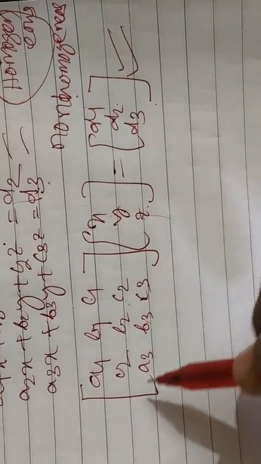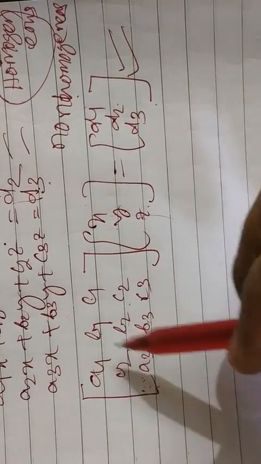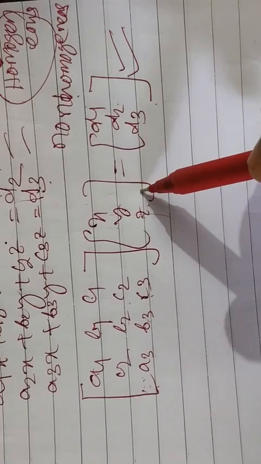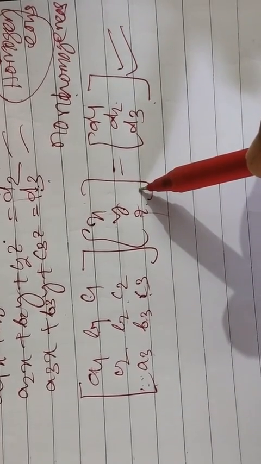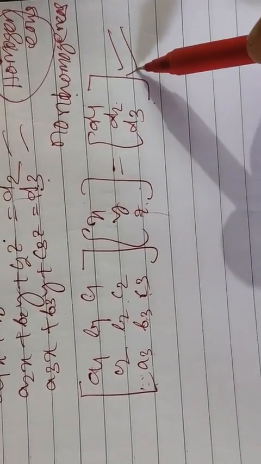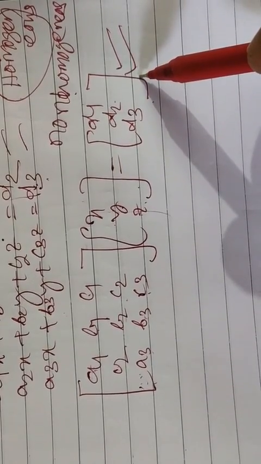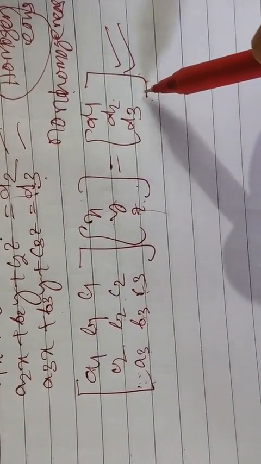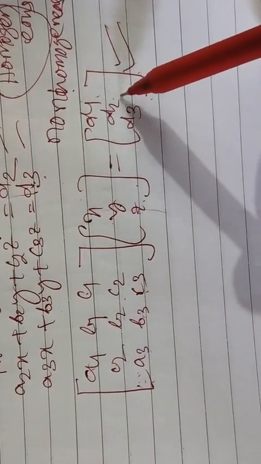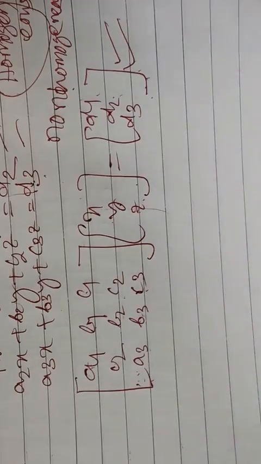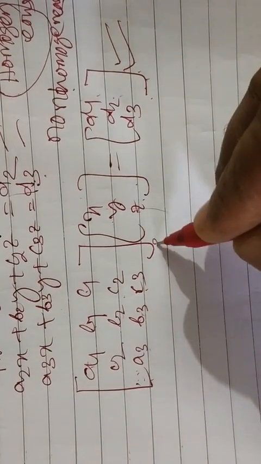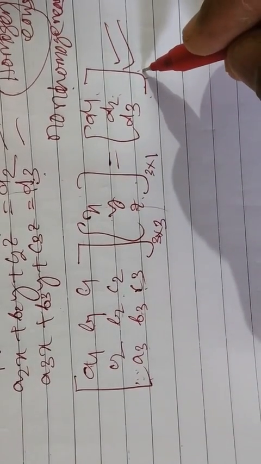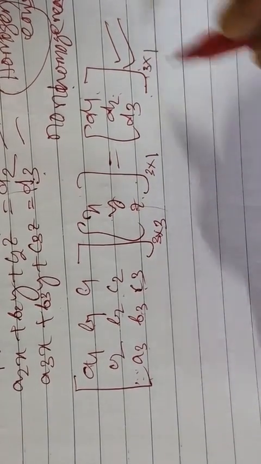Now this matrix is the matrix of coefficients, and this is a column matrix, the matrix of variables x, y, z. And on the right side, it is also a column matrix, the matrix of constants d1, d2 and d3. This is a 3 cross 3 matrix, this is 3 cross 1 and this is 3 cross 1.